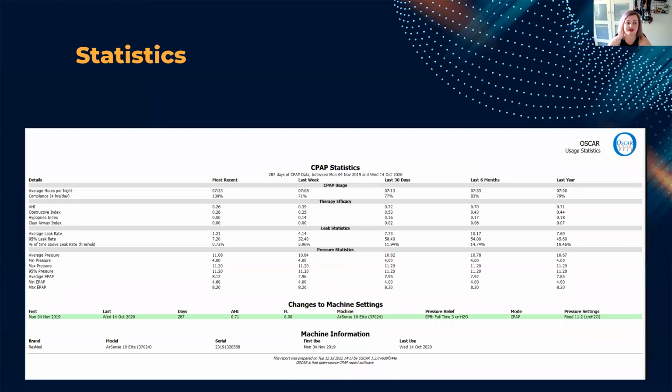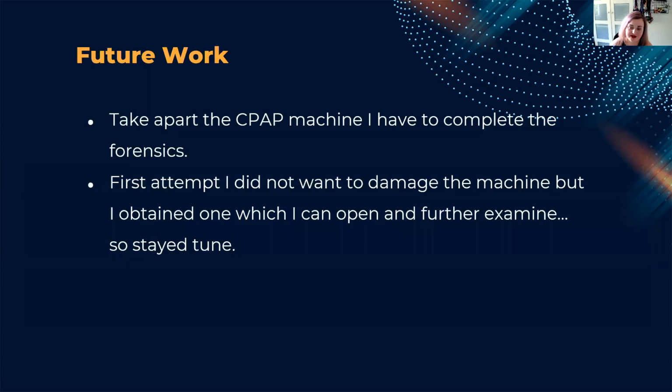Now, the statistics on the device contain quite a lot of information. They contain machine information, when it was last used, when it was first used. And this is kind of important information to just understand the overall view of the device.